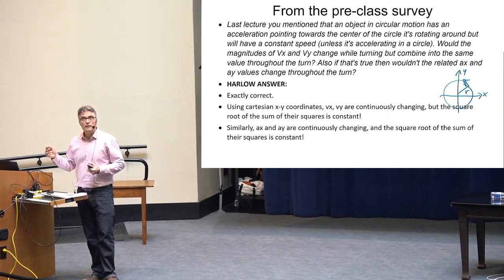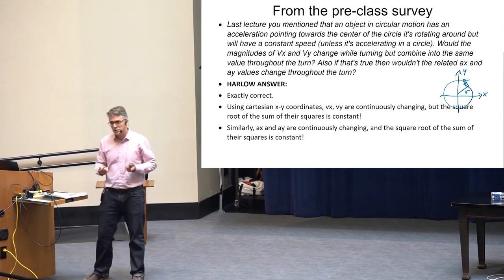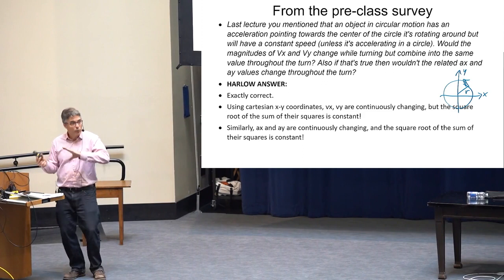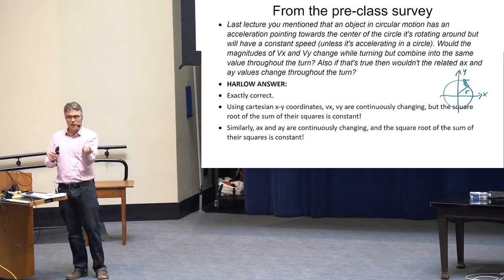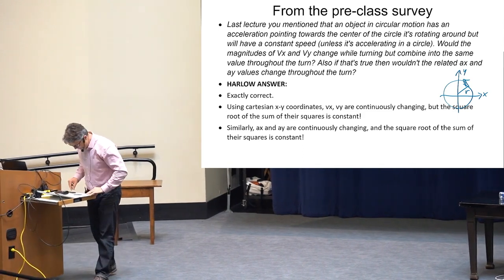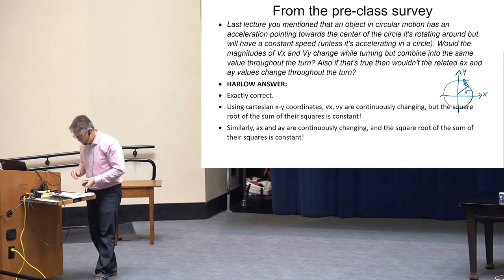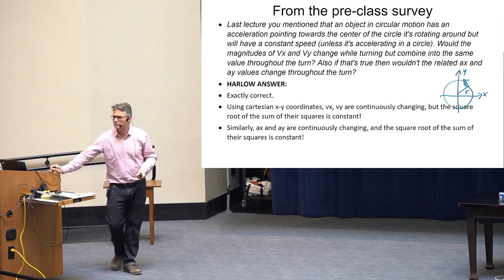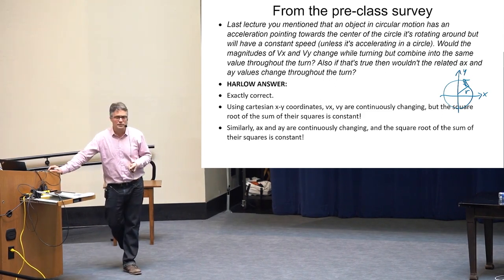But the sum of the squares and the square root of that are constant numbers, constant speed. So the components are always changing, but the speed itself is fixed. Sine squared plus cos squared is 1, and that's what saves our lives here.